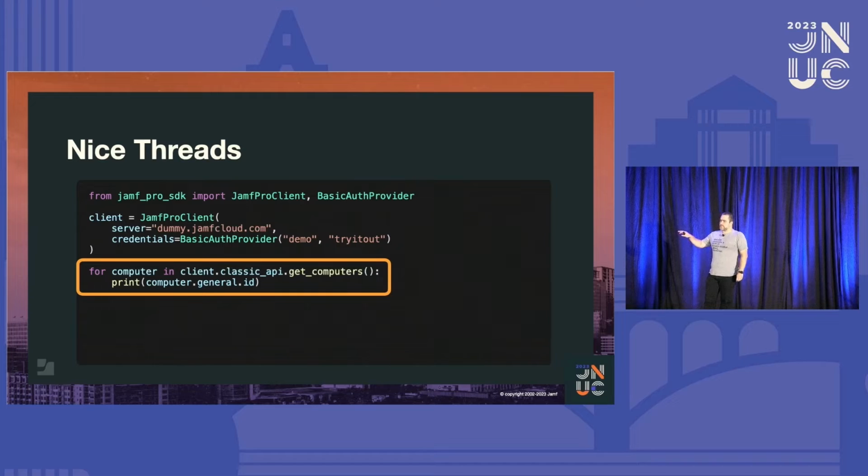This is a custom method that's in the SDK, where the difference is instead of calling that list computers operation and just returning that, it's actually calling list computers, and then it is concurrently iterating over the entire set of IDs it got back to retrieve the full inventory records.